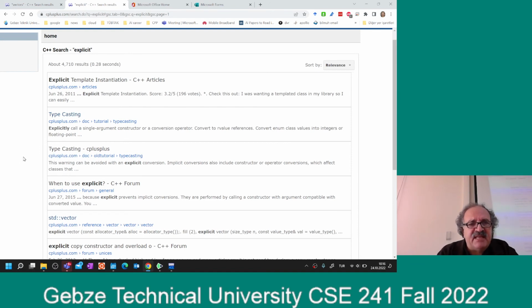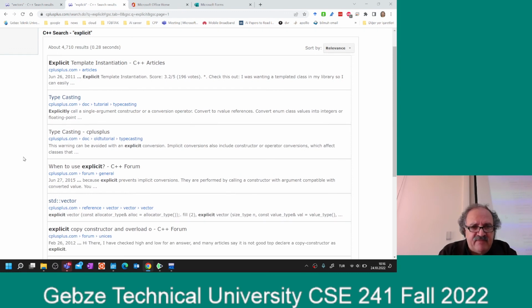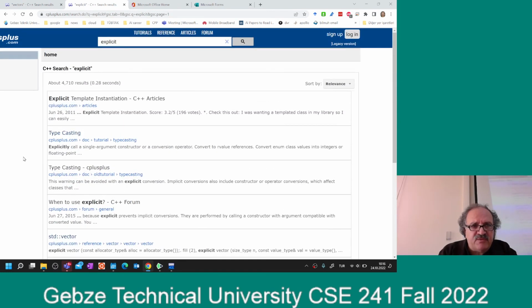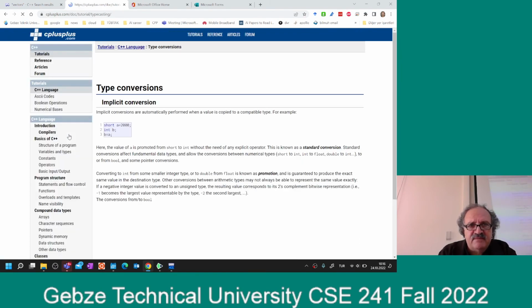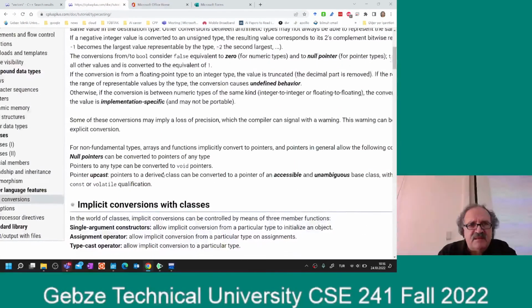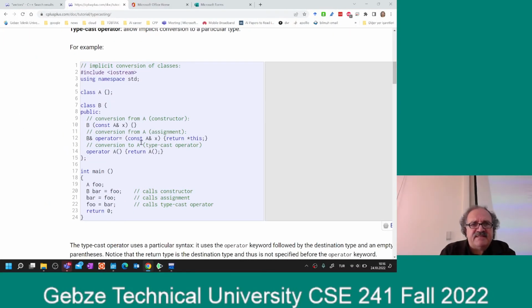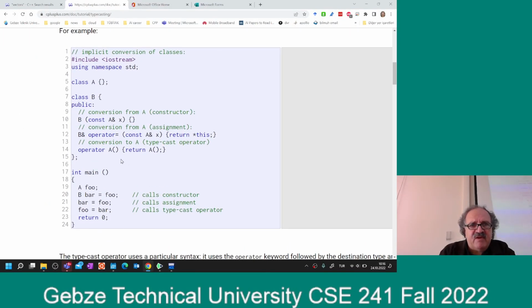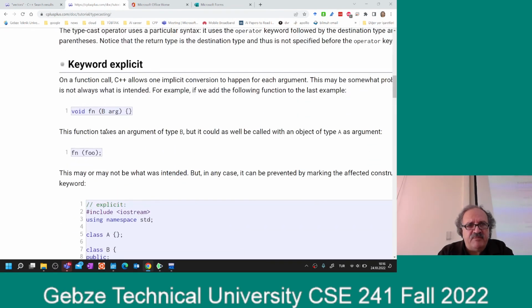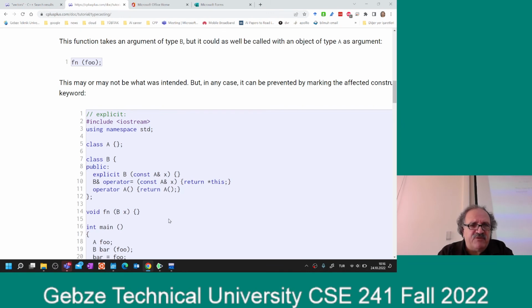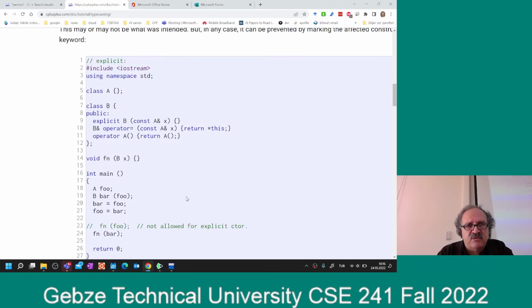With C++11, you can use explicit with multiple parameter constructors. Implicit conversion, yes, here it is. A constructor that converts from another type will work, but if I put an explicit in front of it, it will not work anymore.